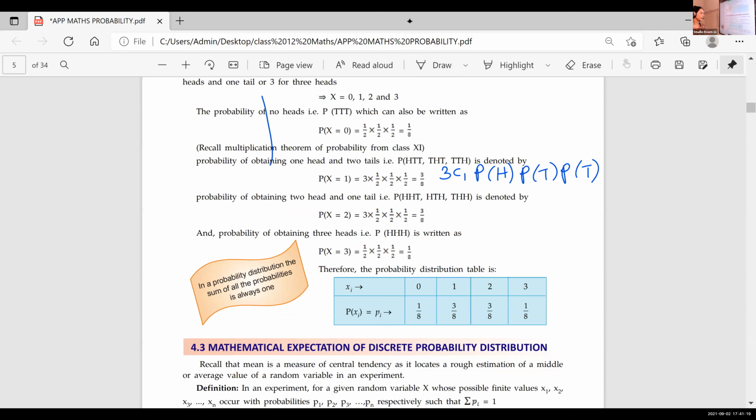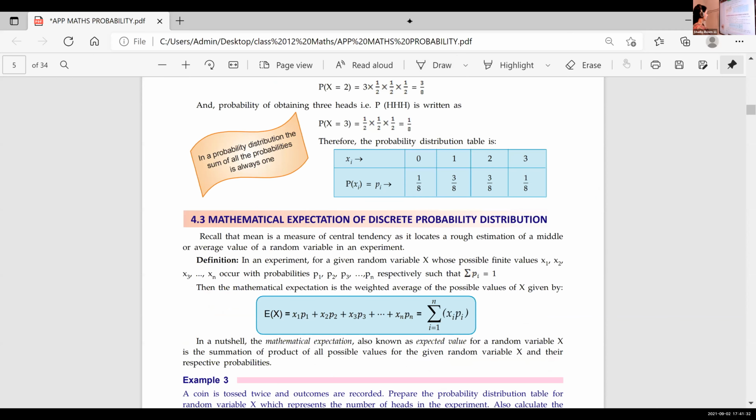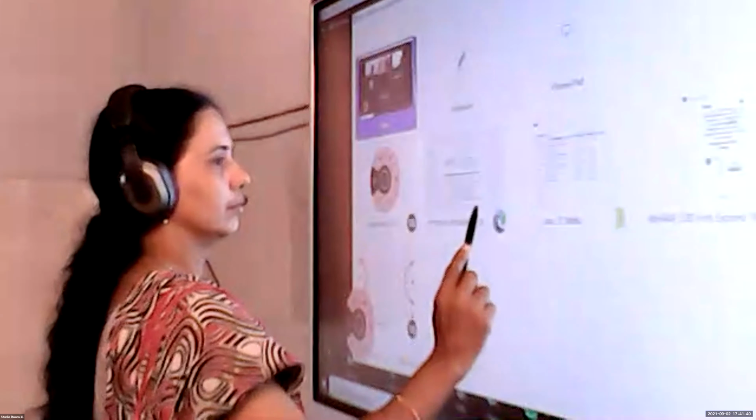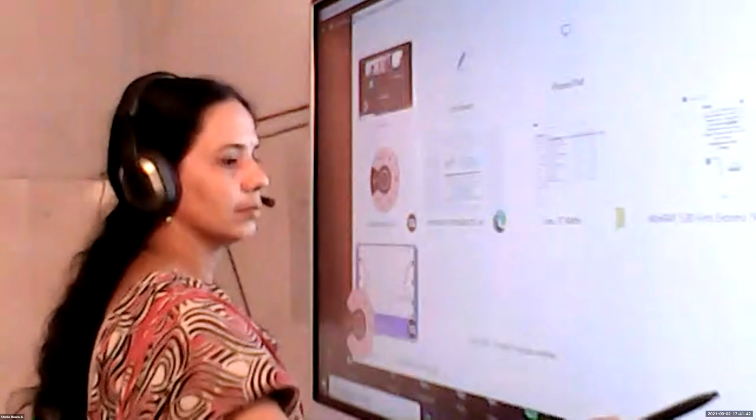Write the heading: Mathematical expectation of discrete probability distribution. Okay.